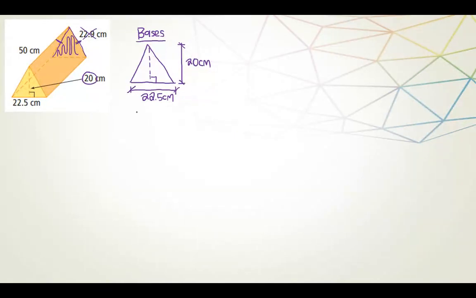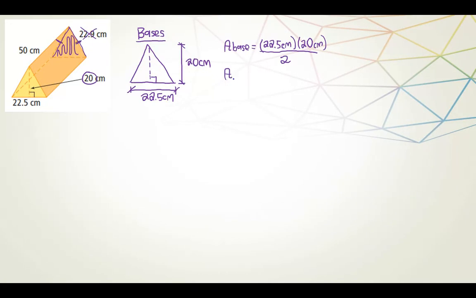So the area of a base is equal to length times width divided by 2. So it's going to be 22.5 centimeters multiplied by 20 centimeters, and we're going to cut this in half.